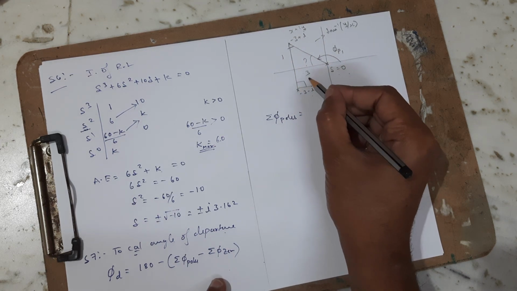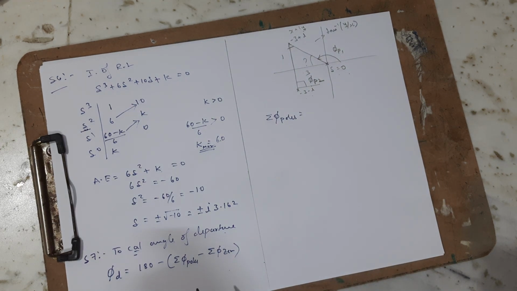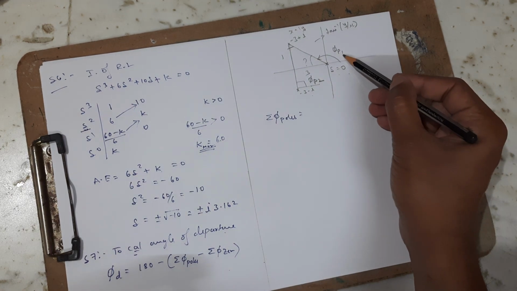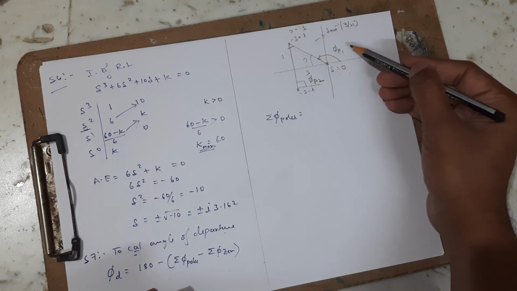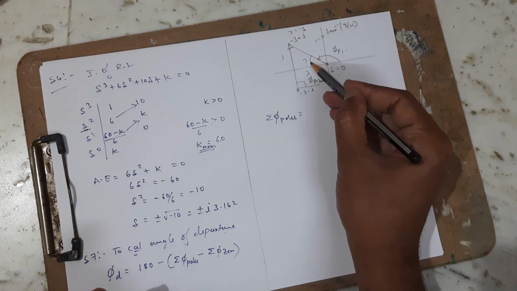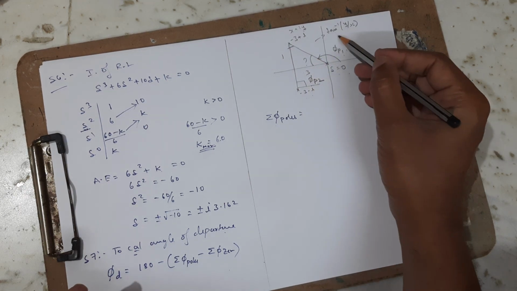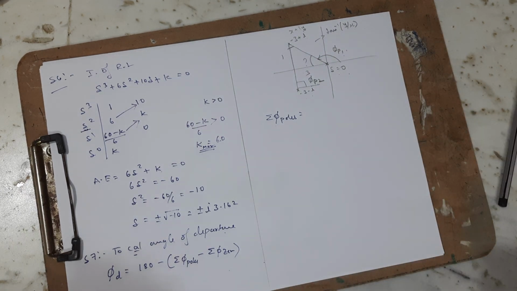This is phi p2. So I need to find phi p1 and phi p2. So the summation of poles is phi p1 and phi p2. I will find this angle by applying tan inverse of y by x.